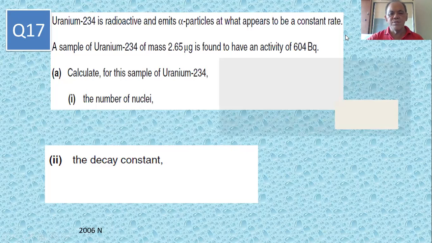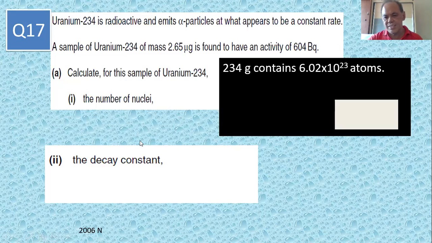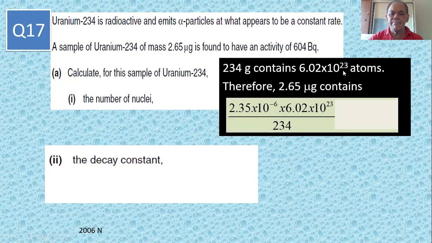Okay, so as before, this is in terms of gram, number of grams for 1 mole. Go to your data sheet, find your Avogadro's number, 234 gram contains that number of atoms. So we want 2.65 microgram. So therefore 2.65 microgram contains, right? You divide this number by 234 and then you multiply by that one there, 2.65.